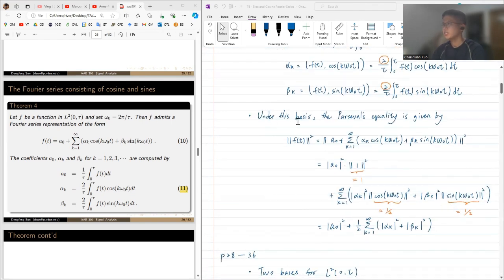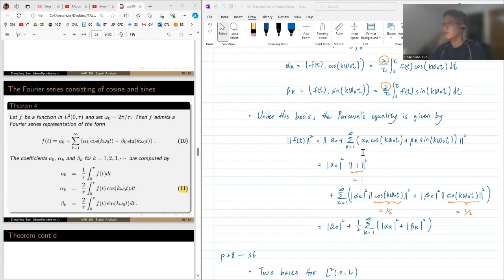Now, under these spaces, Parseval's identity will be given as follows. So here we have the total power of f equals the squared norm of its sine and cosine Fourier series representation.